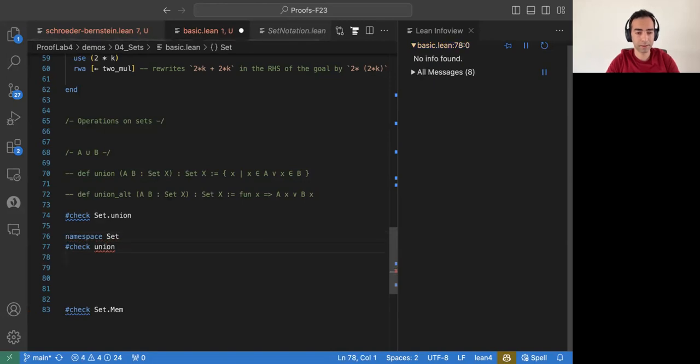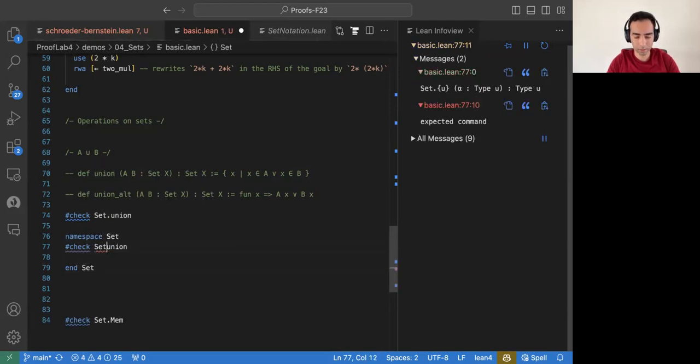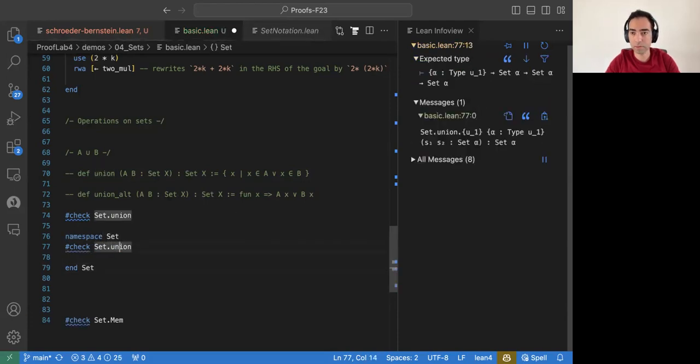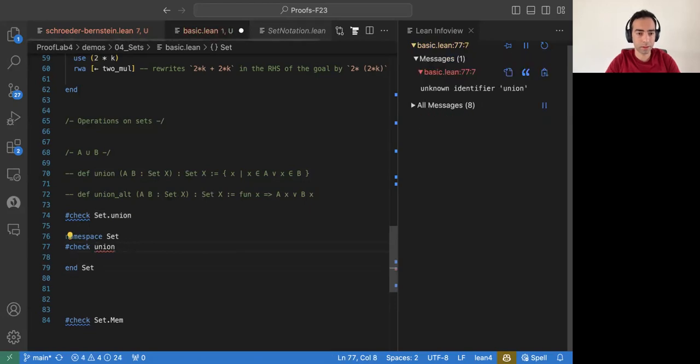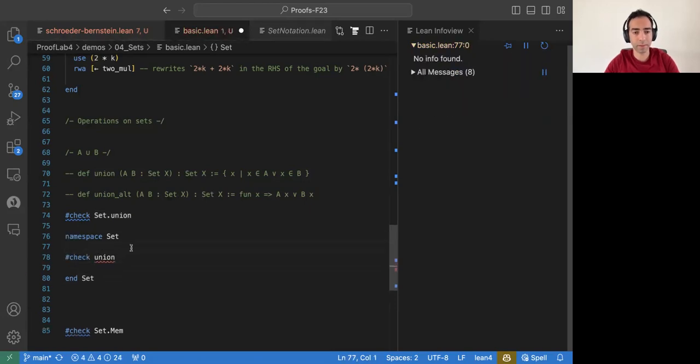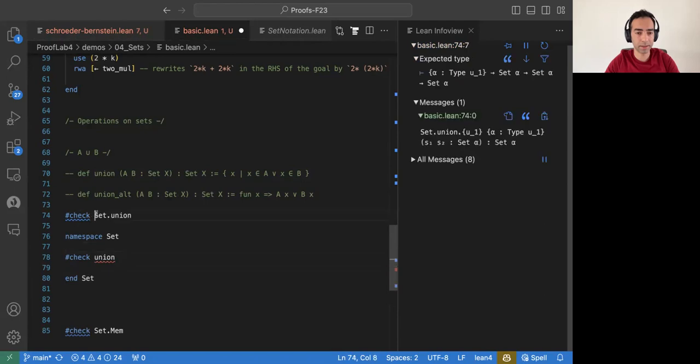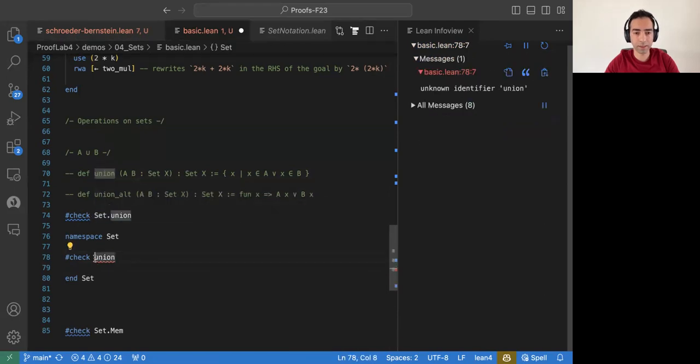So in the namespace set, we don't need to write set, but it seems to not work. I was hoping that when I'm in the namespace, I don't need to provide set dot. Usually that's the case, but I don't know why it's not working in this case.